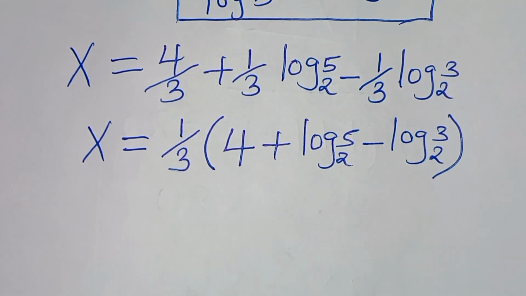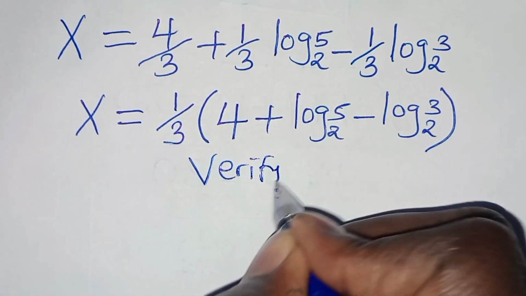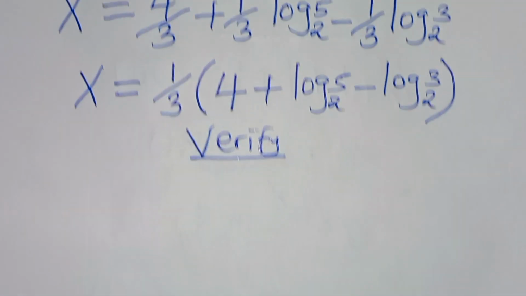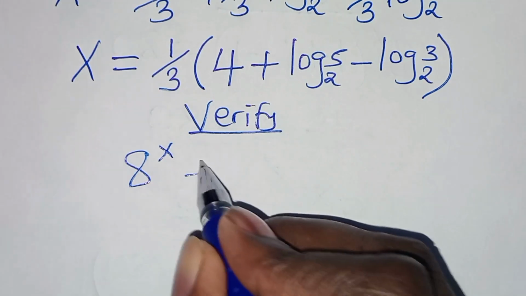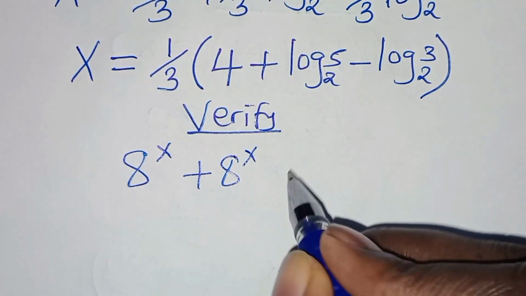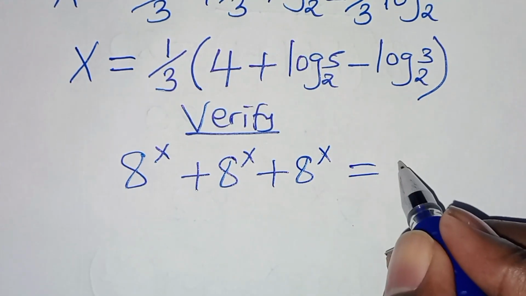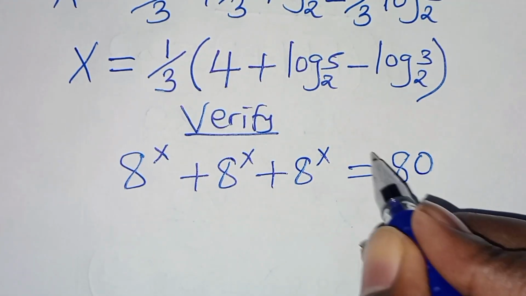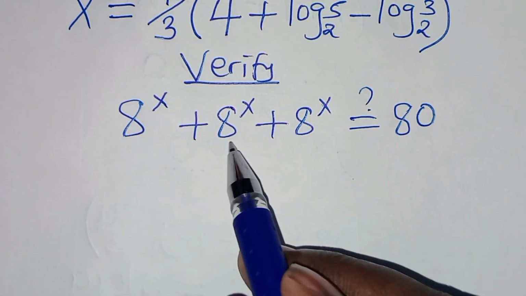The next step is to verify that this value of x satisfies the equation. If you recall, we had 8 to the power x plus 8 to the power x plus 8 to the power x, and this should give us a value of 80. Now 8 to the power x is common here.